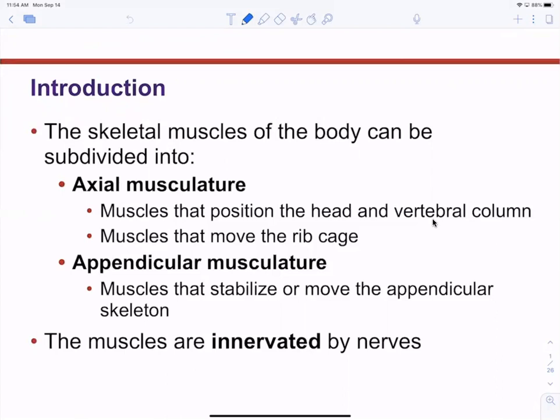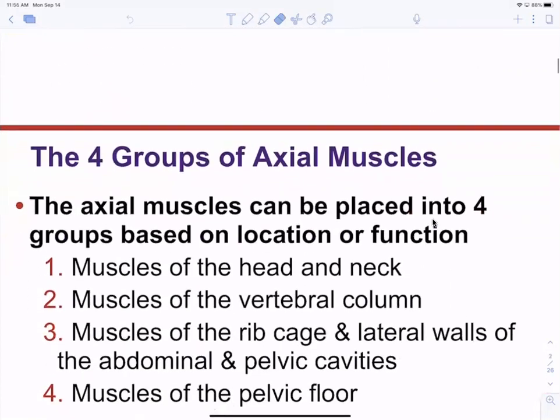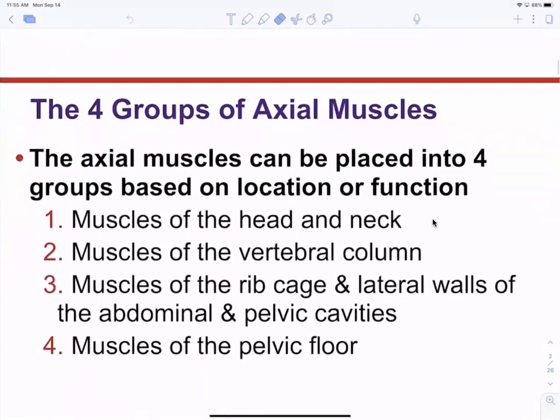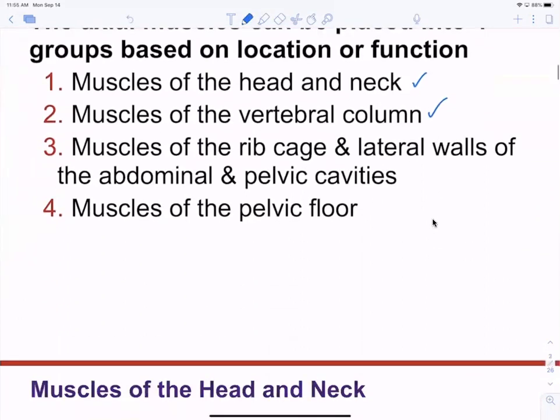So your ribs, and pelvic floor muscles. So the muscles can be based into 4 groups from either their location or their function. So muscles of the head or neck, muscles of the vertebral column, again, ribs, abdominal area, and pelvic floor.